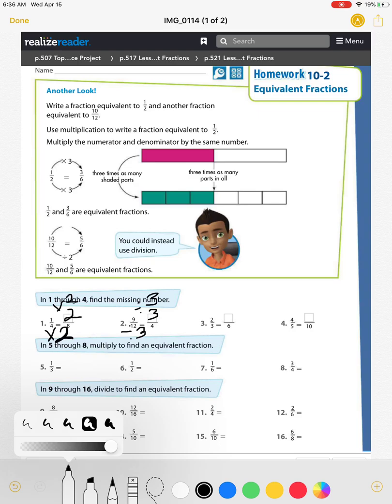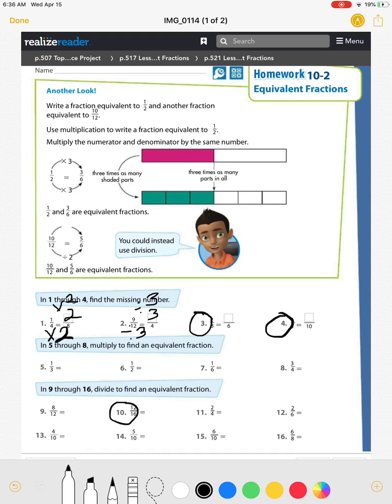Okay. On the front, I want you to do 3 and 4. And then stop at number 10. So 5, 6, 7, 8, 9, and 10. Let's do a quick example here on number 5. It asks you to multiply to find an equivalent fraction. So you can multiply by anything.